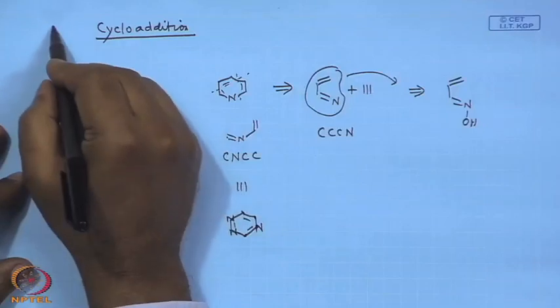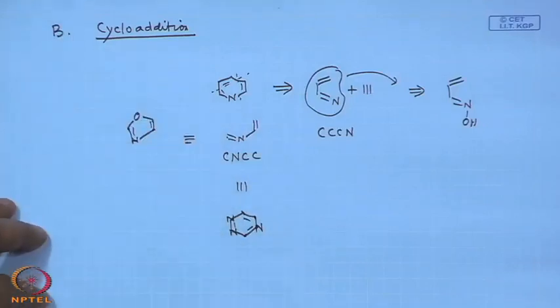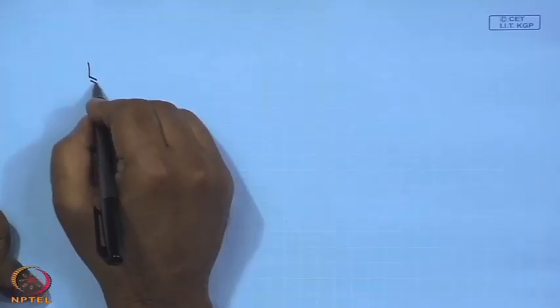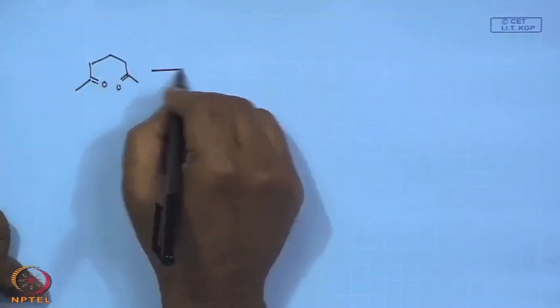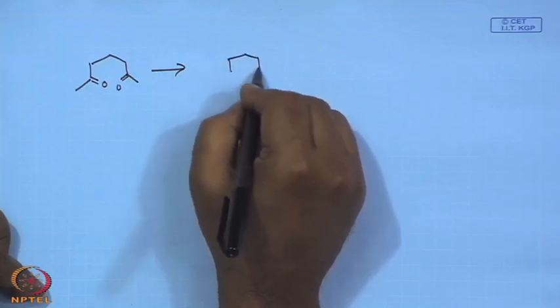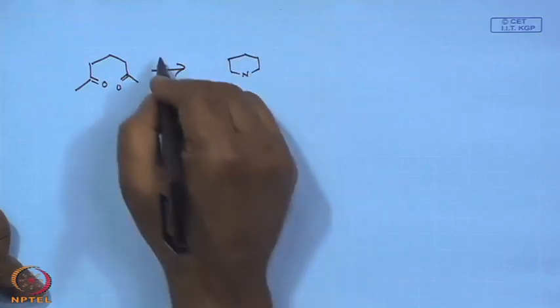So, that was the first condensation mode, and the second mode, now it is a matter of just practicing things like this. Okay, let us look at the condensation approach. We have said it before, if you begin with a 1,5-dicarbonyl compound, now you want to convert it into pyridine, right.